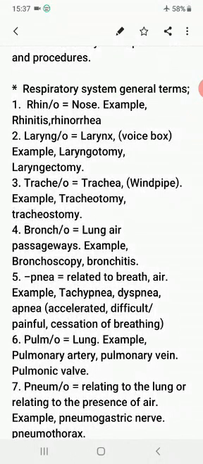You call it rhinorrhea. Number 2, laryngo, that is larynx. In a layman's English, voice box, larynx.